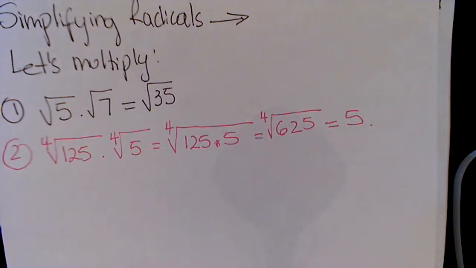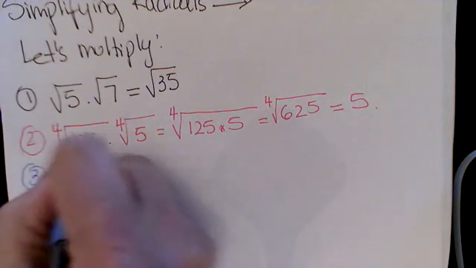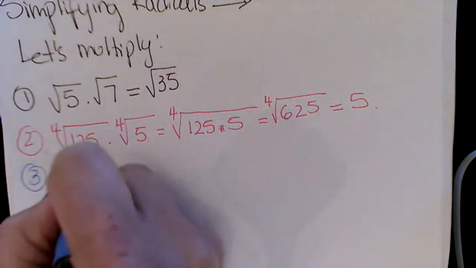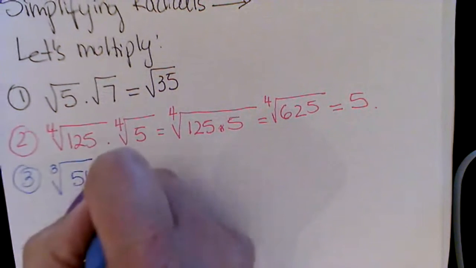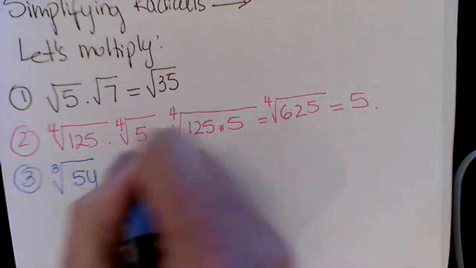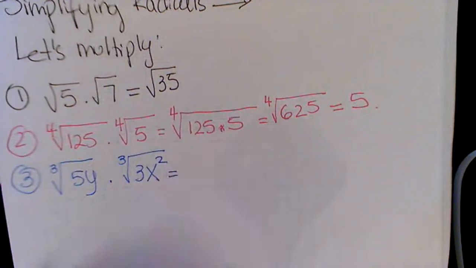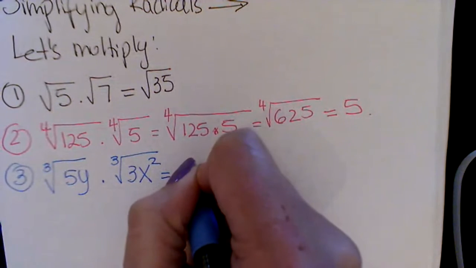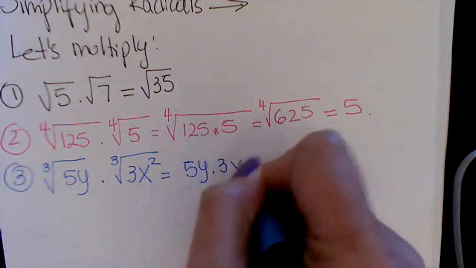Now, the next one. The third root of 5y times the third root of 3x squared. All right, so I'm going to multiply, right? So it's going to be 5y times 3x squared.